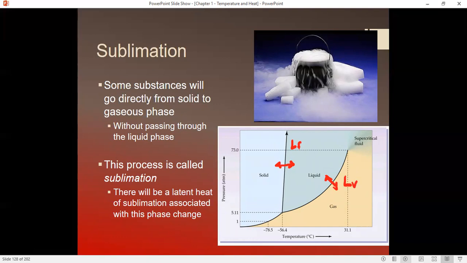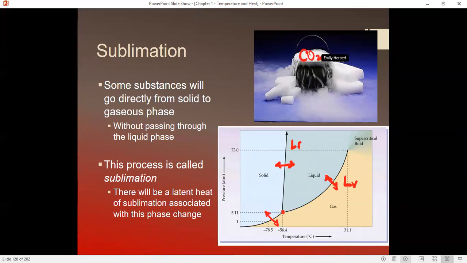However, if we're below what's called the triple point, a point where a material can be in solid, liquid, and gaseous form at a certain temperature and pressure, you will go immediately from a solid to a gas or a gas to a solid. This is true for CO2.